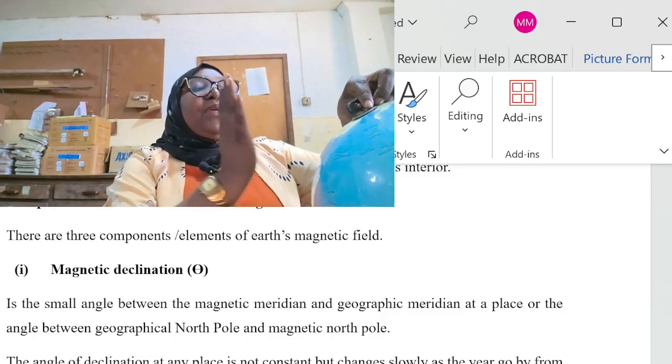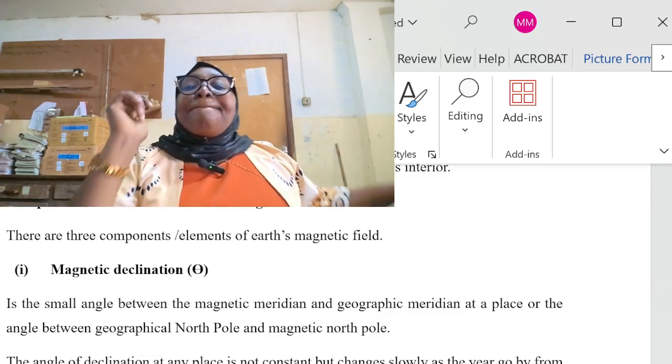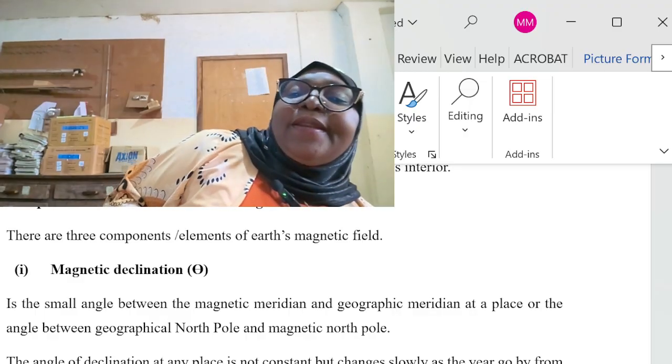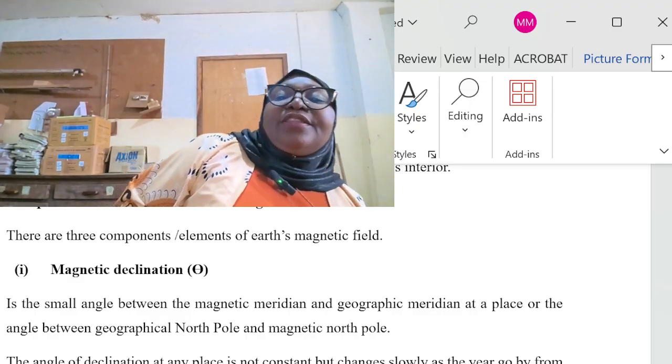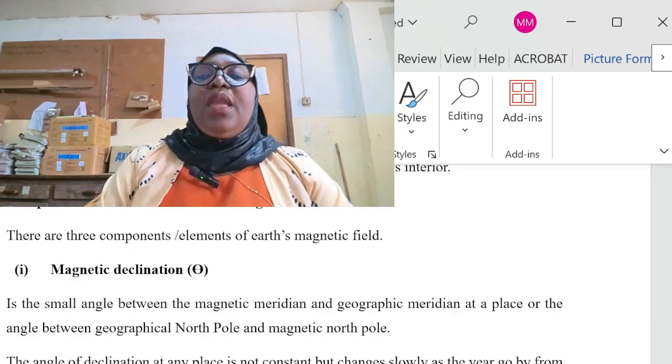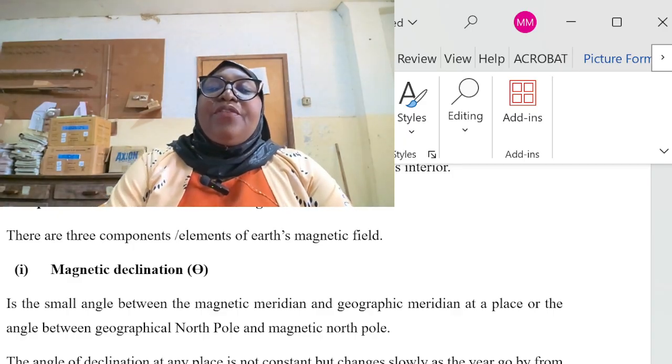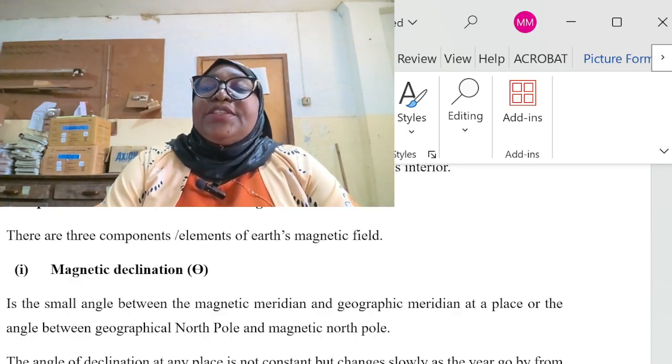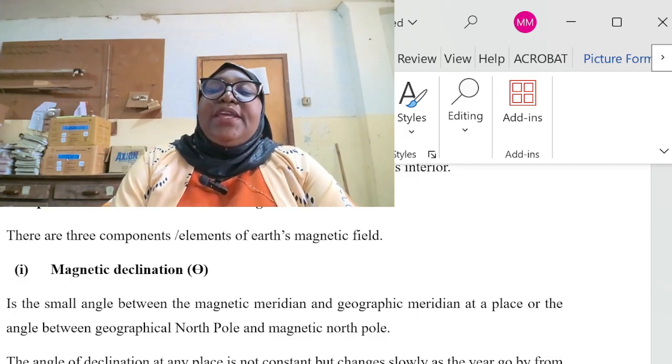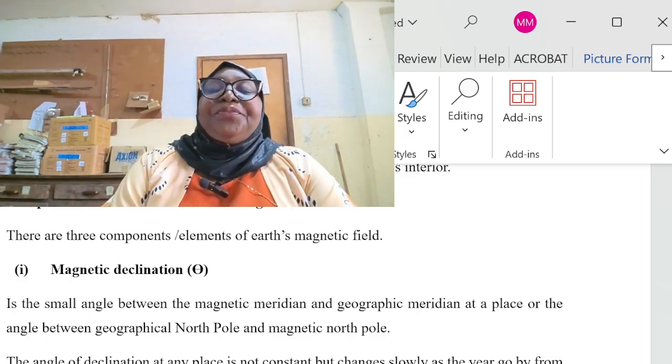The importance of the angle of declination: it is important in sea and air navigation.